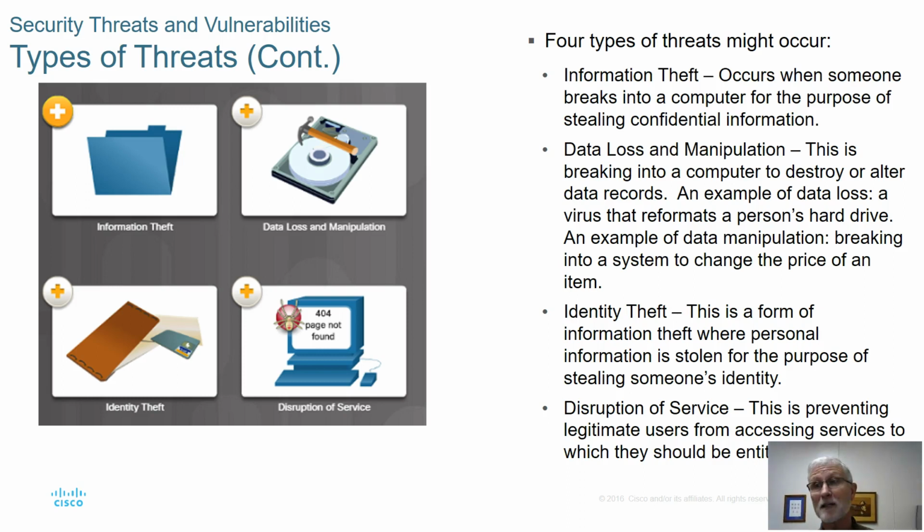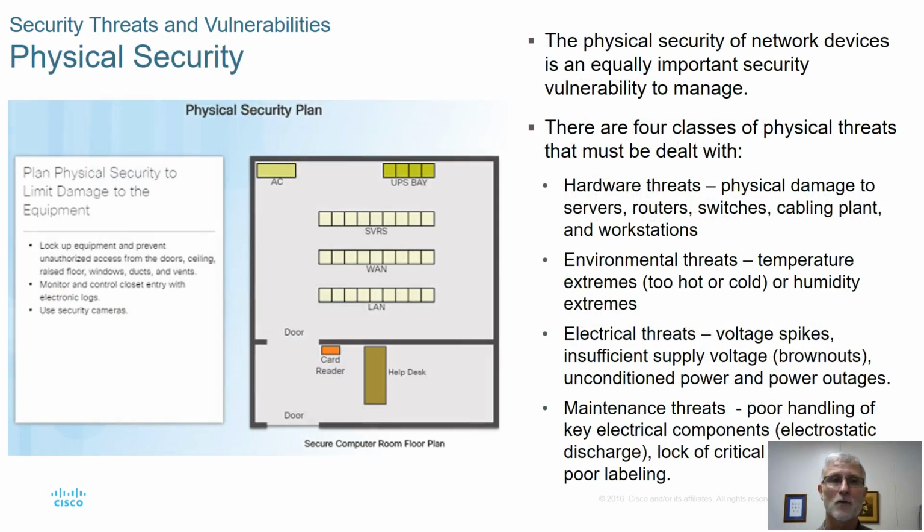Data loss and manipulation is breaking into a computer to destroy or alter the data, reformat a hard drive, or damage equipment. Identity theft is where personal information, someone's identity, is stolen. Disruption of service is preventing legitimate users from accessing the network. So those are four things.